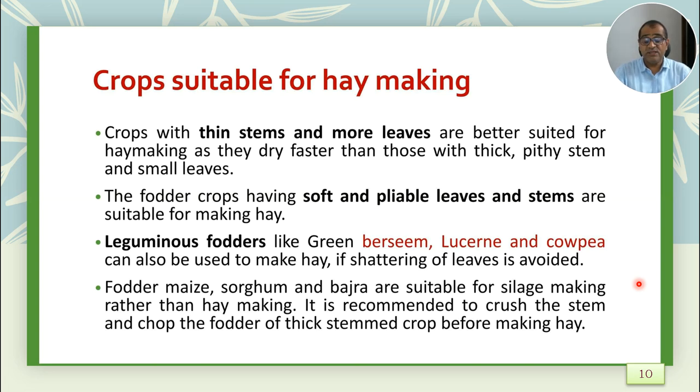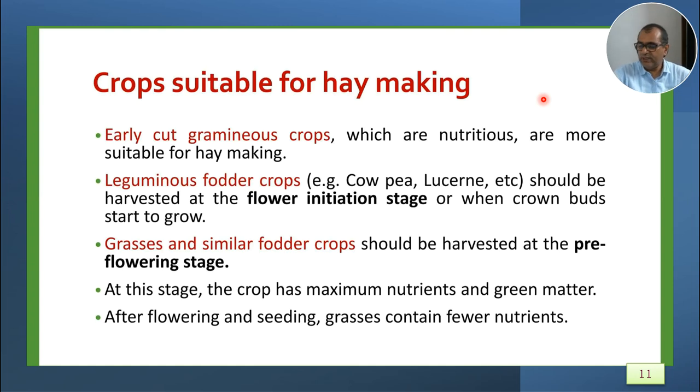Whereas in hay making, it's very difficult to reduce the moisture content to 15% in such cases, especially in the case of sorghum. Another thing we can see is they should have a low diameter of the stem before we harvest.